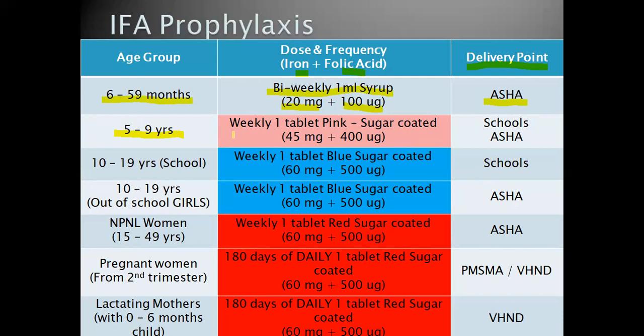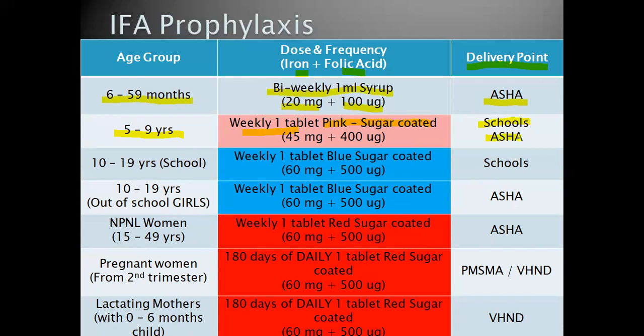So these primary school children get weekly one tablet. The dose is 45 milligram plus 400 microgram, and this is a pink sugar coated tablet. And where do they get these tablets? They can get it in schools, or they can get it through ASHA.